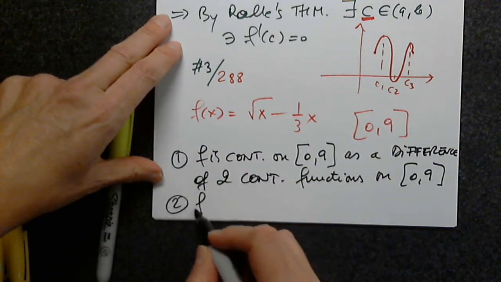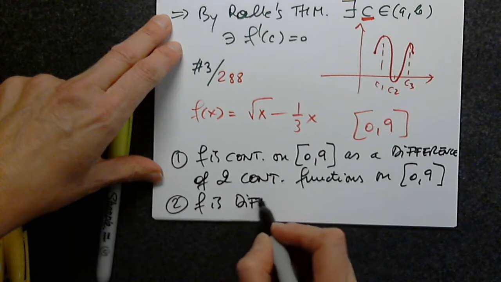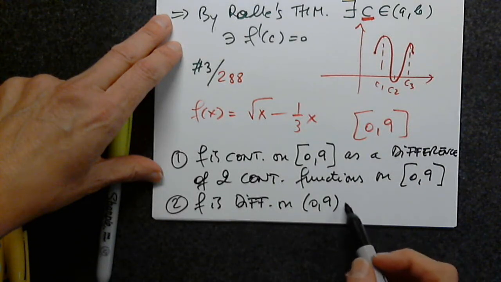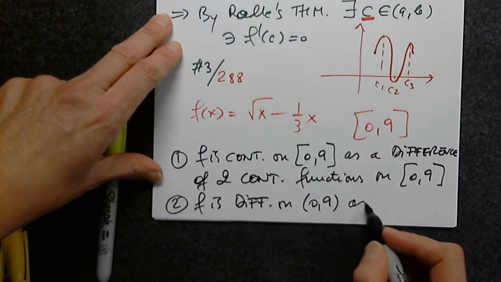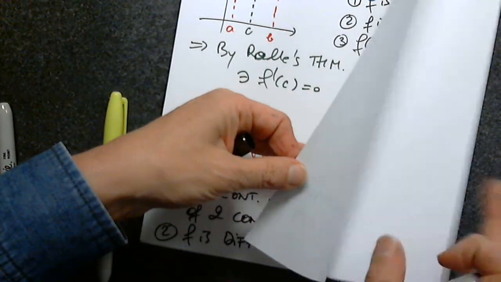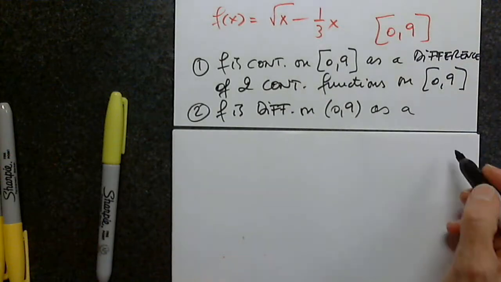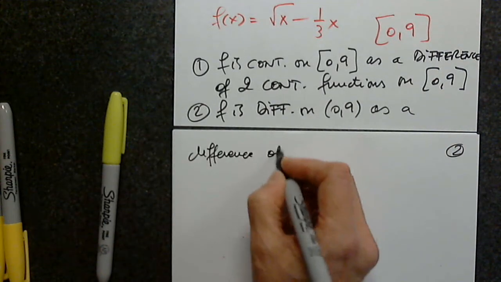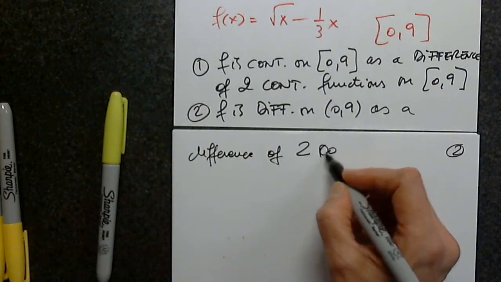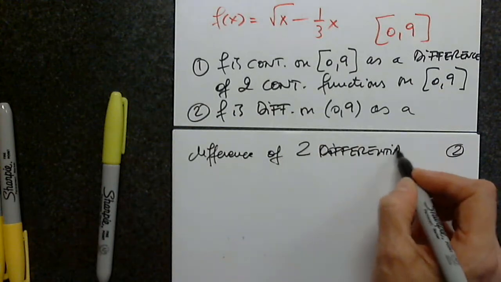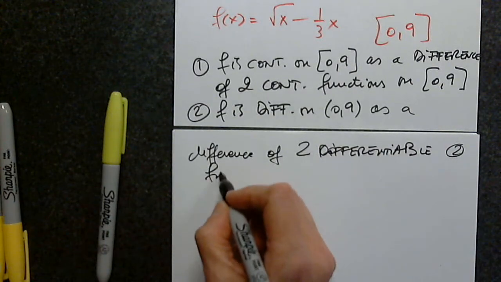Condition number two, f is differentiable on 0, 9 as a difference of two differentiable functions on 0, 9 open.